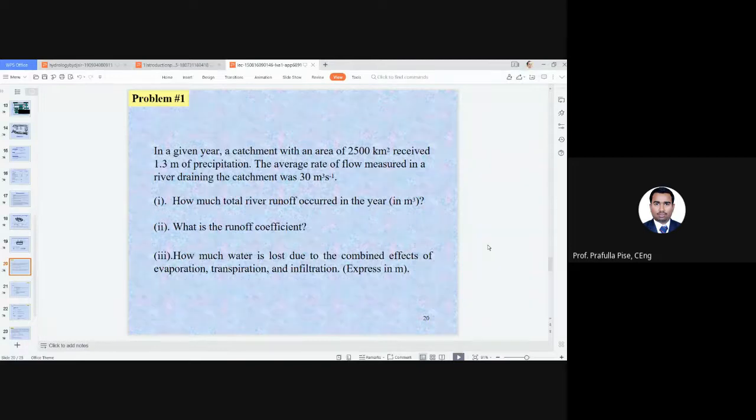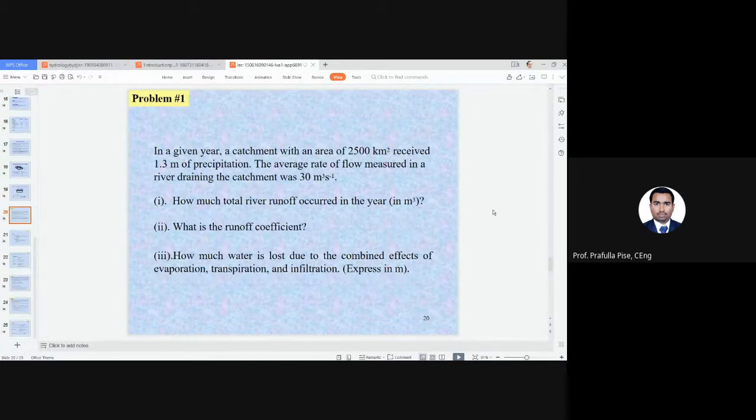The average rate of flow measured in the river draining the catchment was 30 meter cube per second, that is cubic meter per second. Now the question they ask is how much total river runoff occurred in the year, and that we need to find out in cubic meter.